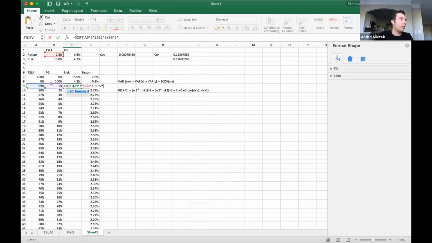So the second, 1% of Procter & Gamble squared multiplied by, actually I have used return instead of risk. That was wrong. So that should be C2, multiplied by risk. Sorry, that should have been 4.2, and that is multiplied by 15. Okay, so 99% of Tesla risk, yeah, that should be vice versa.